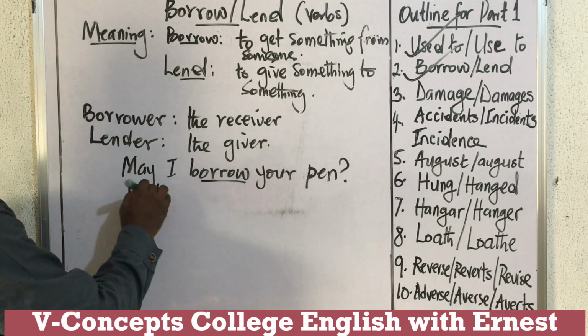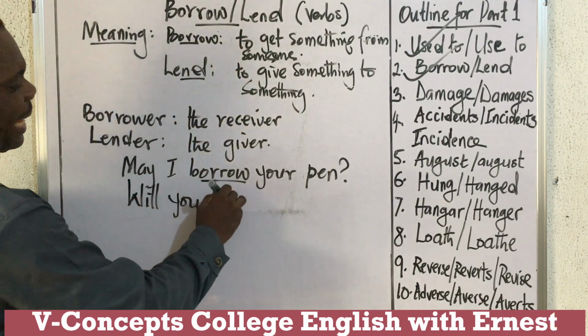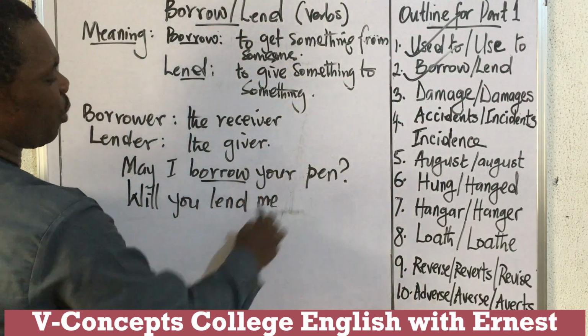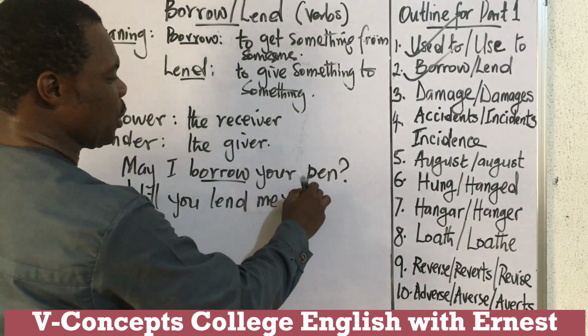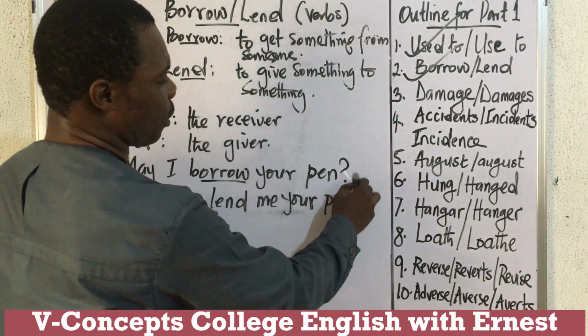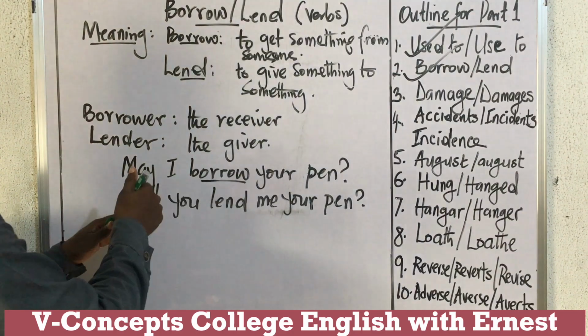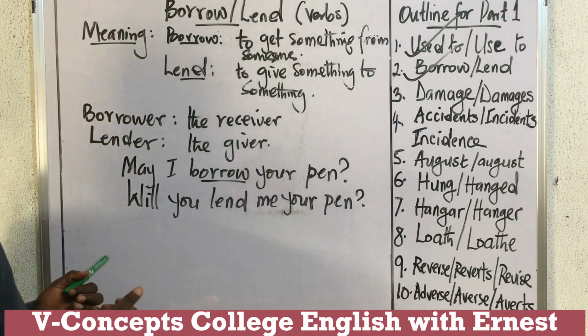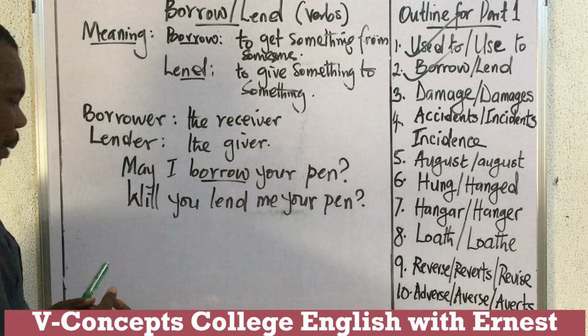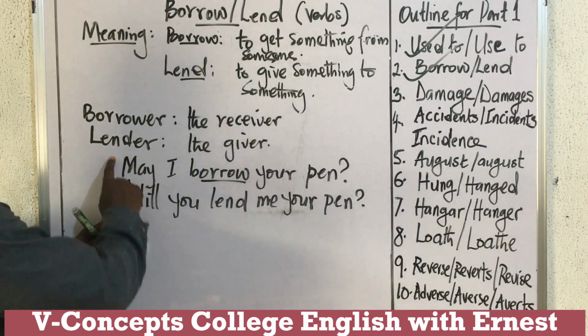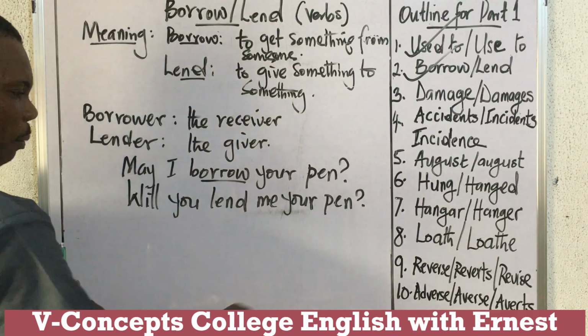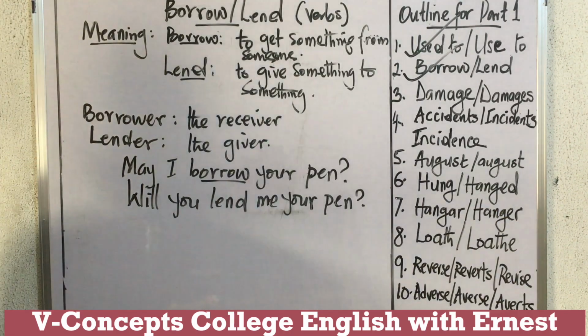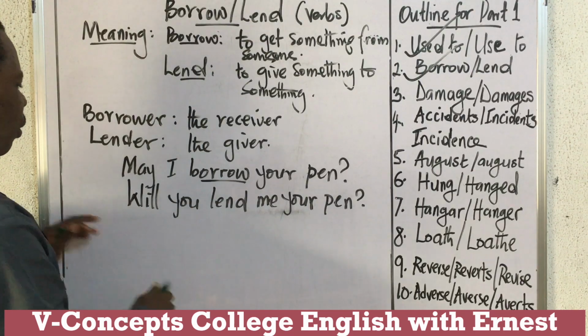So you can say something like, will you lend me your pen? Correct. So, may I borrow your pen? May I take your pen? May I receive your pen? Then, for lending, you say, will you lend me your pen? Will you give your pen out to me? Don't say, borrow me your pen.